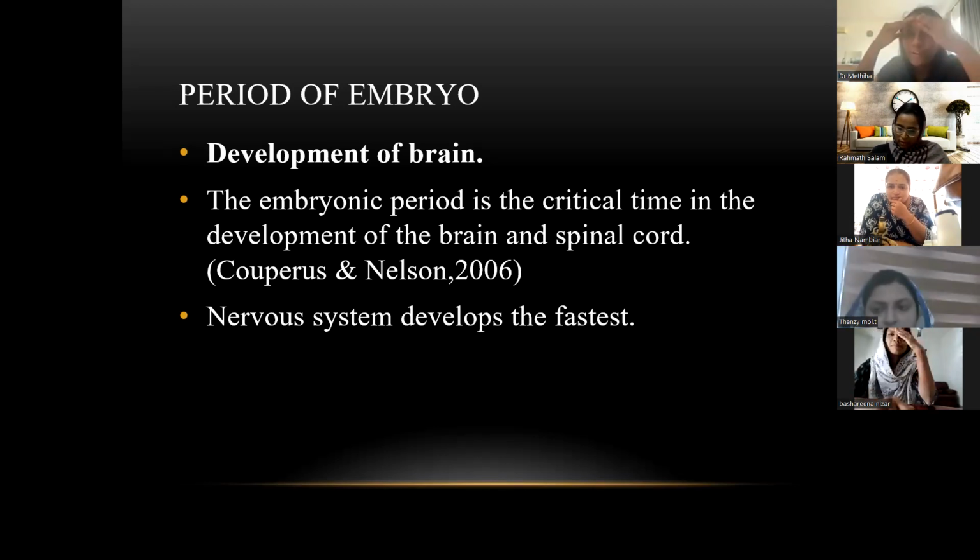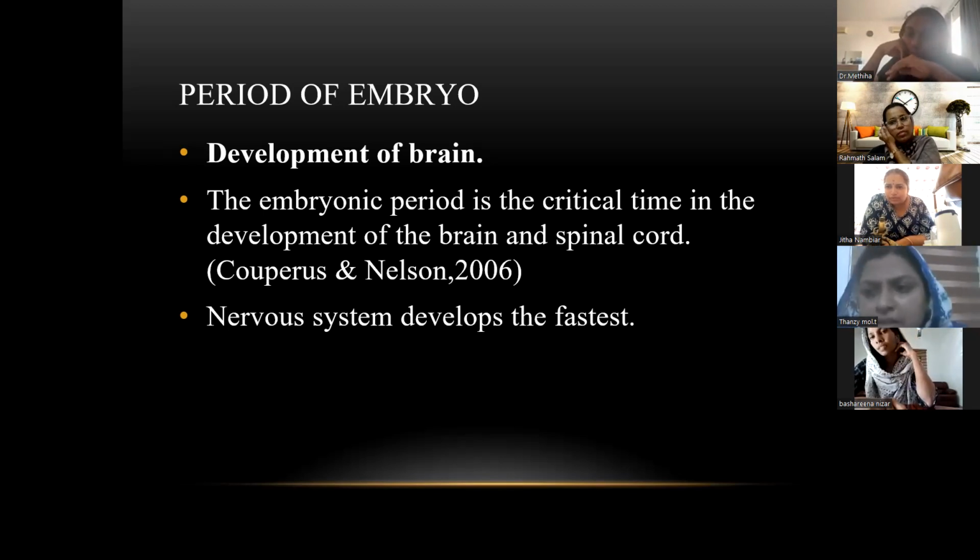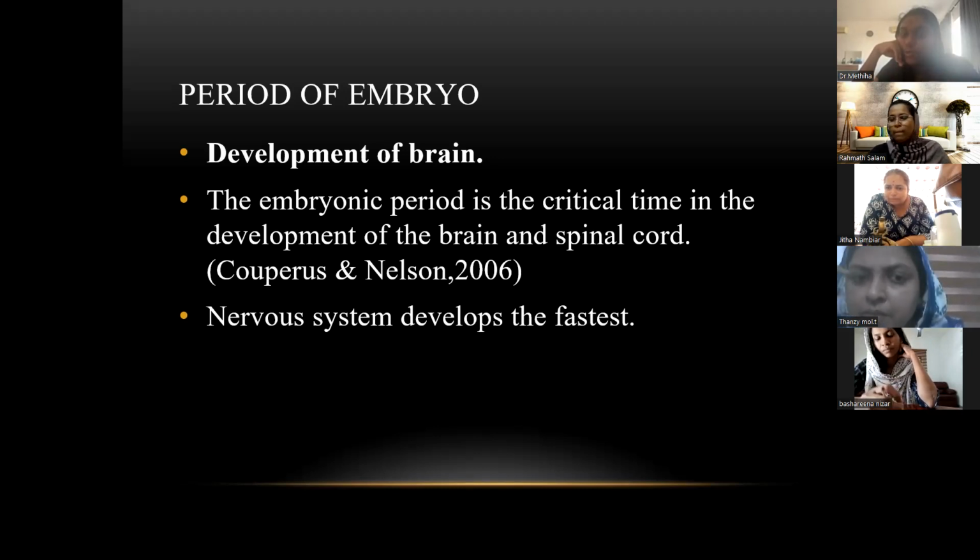So you might have heard that if we go to a gynecologist before or after pregnancy, you should be very careful within the first 3 months. Because it's a very critical time, you can have a miscarriage if there is something. So in this embryonic period, within 2 months, the development of brain and spinal cord is happening. Okay, and next slide.